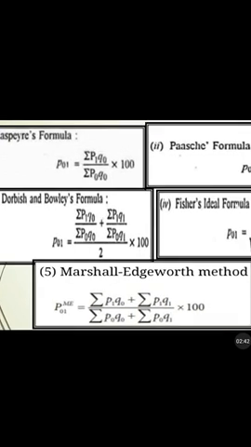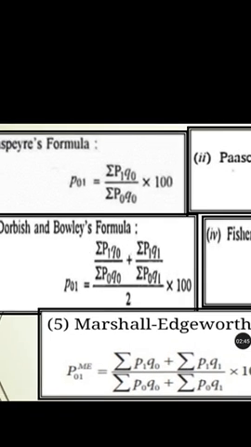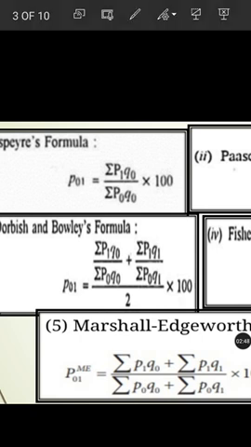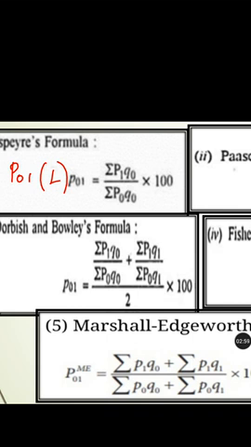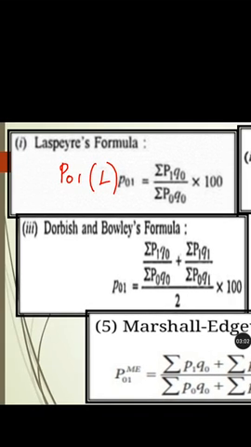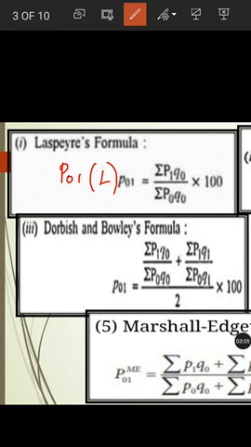The first one is Laspeyres' formula. I've already told you the symbol for index number is P01, so P01 of Laspeyres' is, we take the first letter, L. Both the prices are given, that is P1 and P0. But when we are considering the quantity, we are taking into consideration only Q0. What is Q0?